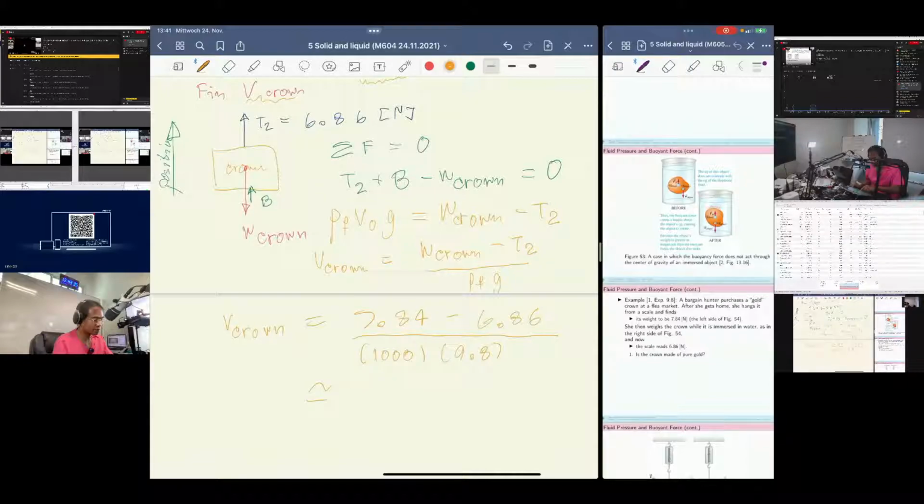Our destination is rho. We have got already the volume of the crowd, but what we actually would like to know is the density rho crowd, the division of two quantities. So the density of the crowd will be the mass, which is what we have prepared for.